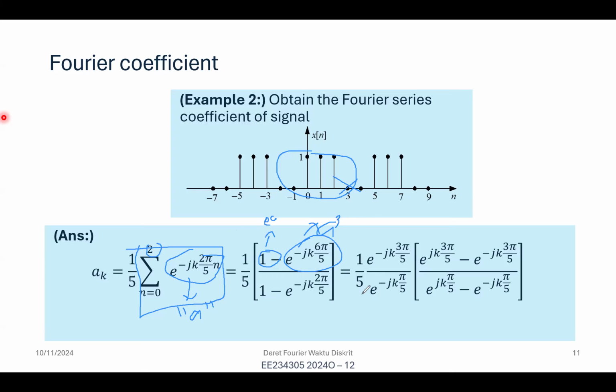So that's a power of 3, where if you multiply that with this 2 pi, that becomes 6 pi over 5. Okay, then this is just basically the breakdown.